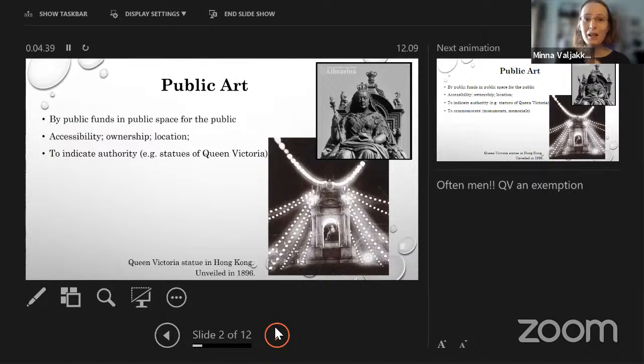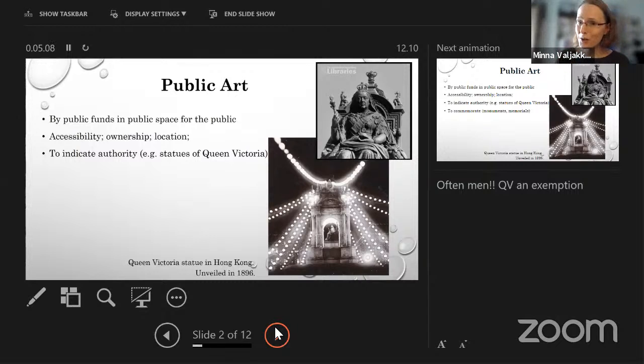However, Queen Victoria didn't always stay in Hong Kong. During the Second World War, during the Japanese occupation, Japanese armies collected bronze statues all around the places they were occupying and transported them into Japan in order to be melted down to support the war efforts.